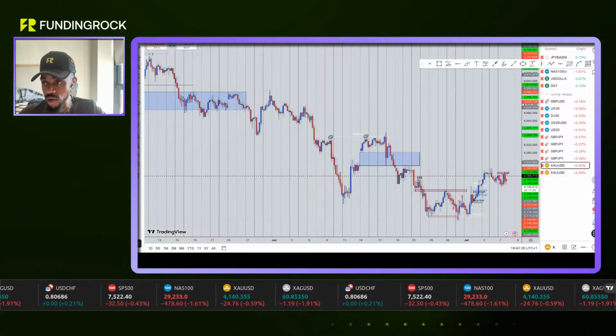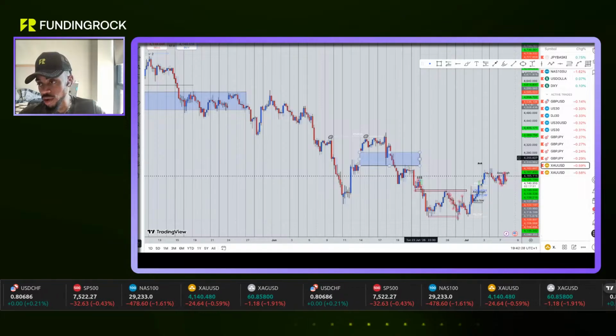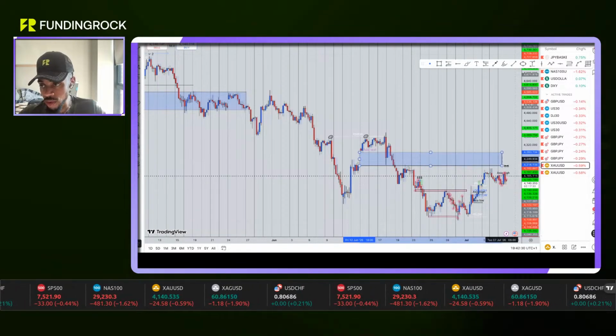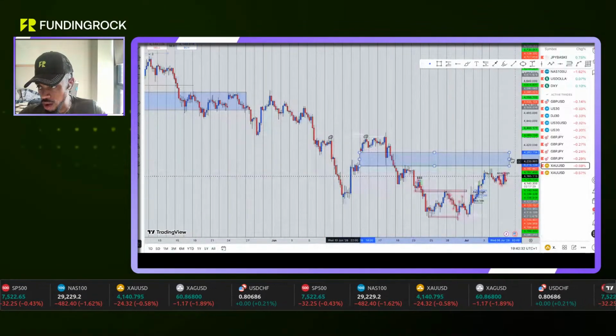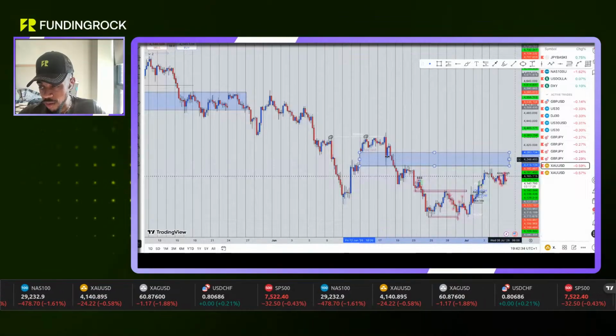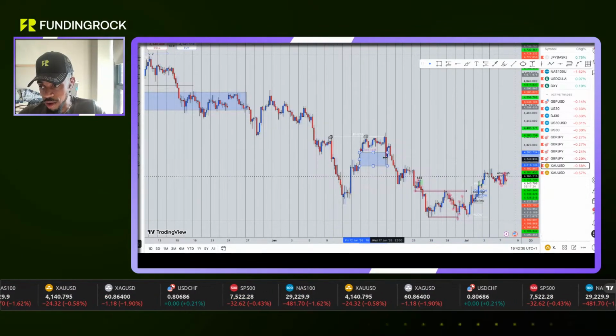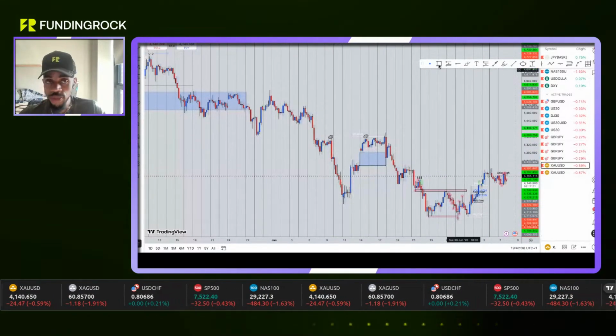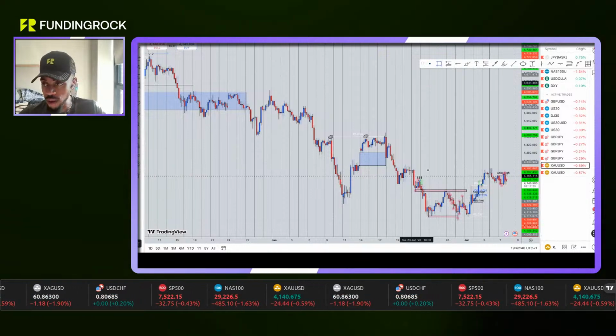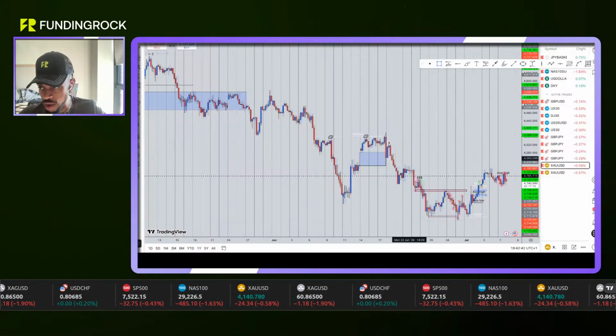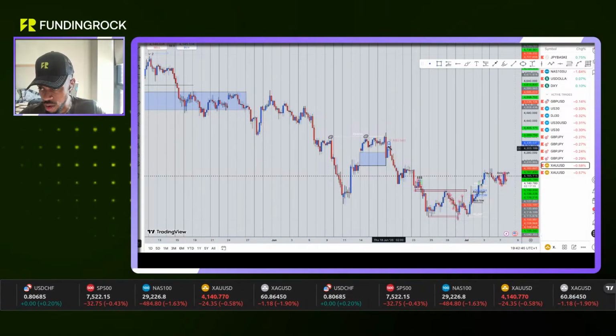So this is gold on a grand scheme. We had an opening gap that got filled in over here, right? So what I'm thinking right now is we have an imbalance all the way up here.